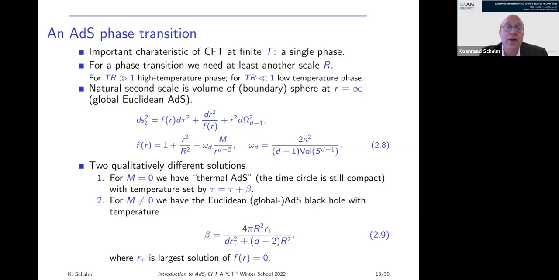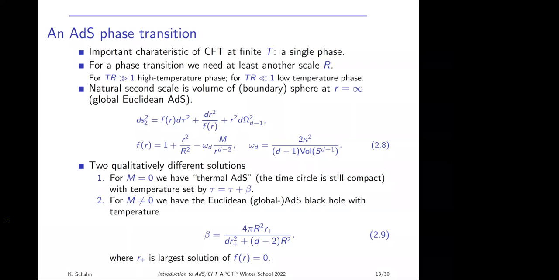I could have said Hawking told us that black holes have a temperature, and if they have a temperature, that must mean that their Euclidean time is periodic with some period. And then I can ask what is the corresponding mass of the black hole that gives me that temperature? And then I would also have had simply that the dial which changes the temperature is my periodicity in Euclidean time. If you understand what I mean.